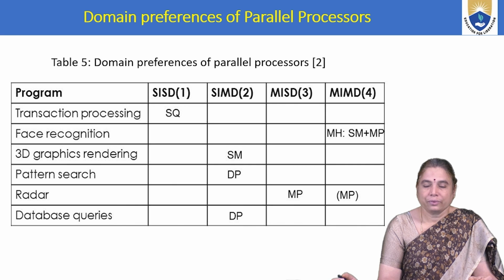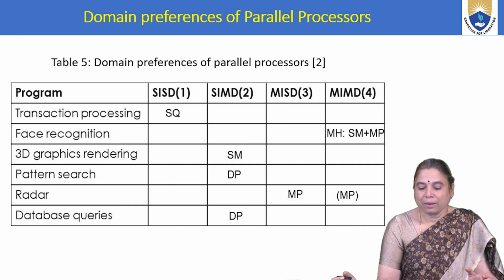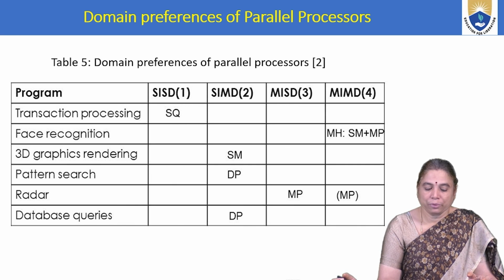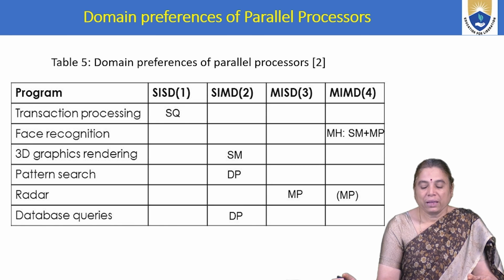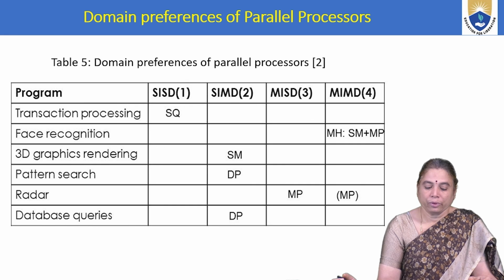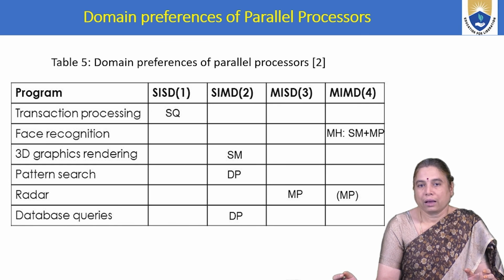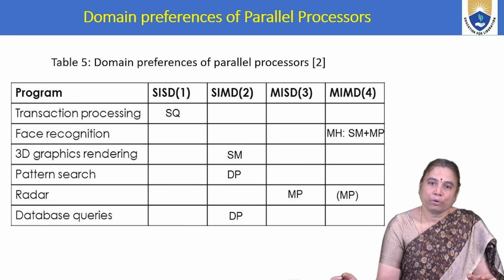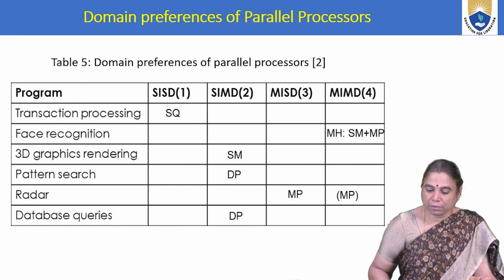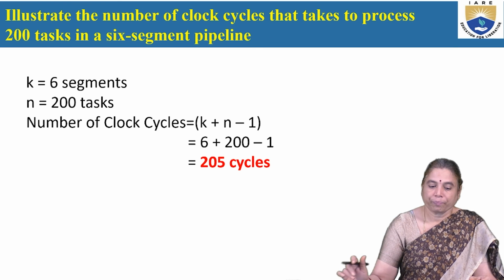For pattern search, design patterns of SIMD can be used. For radar, MISD systems and also MIMD systems can be used. For database queries and data processing, SIMD can be used. So these are the domain preferences of these parallel processor architectures.